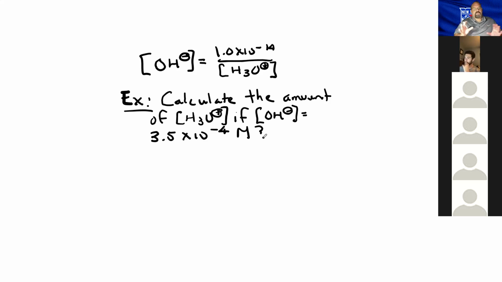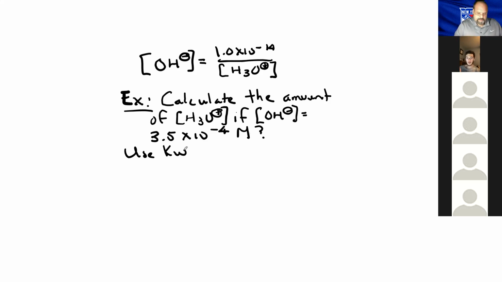Whenever you're asked to relate H3O plus and OH minus together, what has to come to mind right away is that you want to use KW. You're going to have to remember the KW formula. I'm not going to give it to you. You're going to have to remember it for the exam.